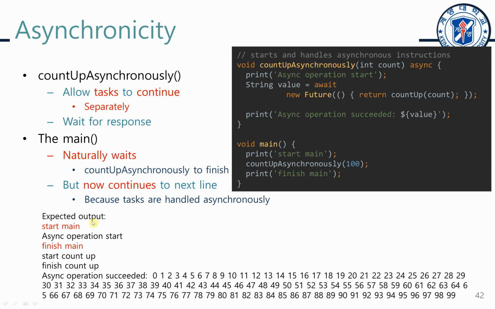So what happens here? It will say start main, and then you can see that it will come to async operation started. Okay, so up to here it is sequential. But when it reaches a wait, it becomes asynchronous.